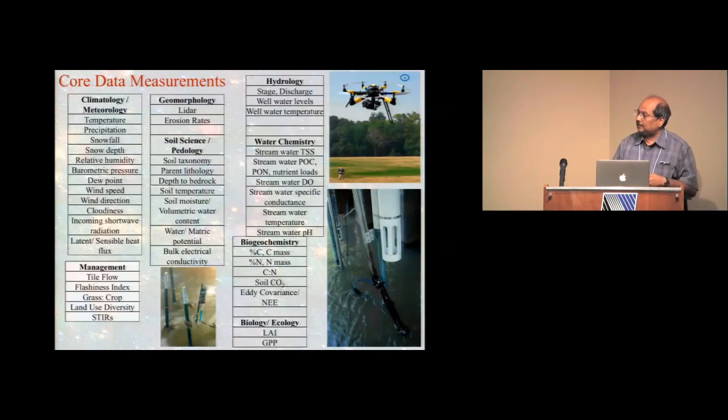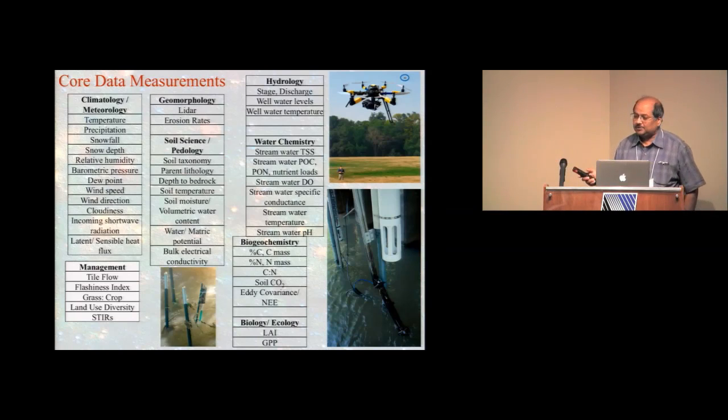So in our observatory, what we are doing is basically putting together instrumentation to measure across the watersheds a whole suite of different variables. They range from climate and meteorology to geomorphology related to soil science, hydrology, water chemistry, biogeochemistry, ecology, and then one of the critical components in our landscape, which is related to human impact studies.